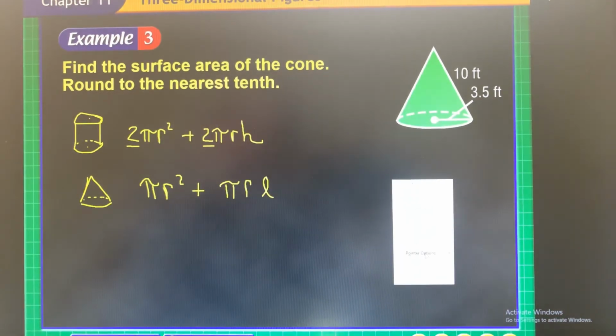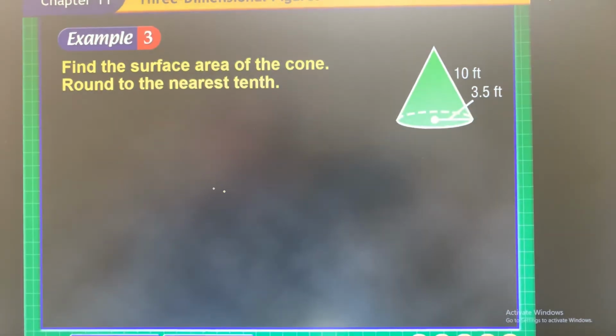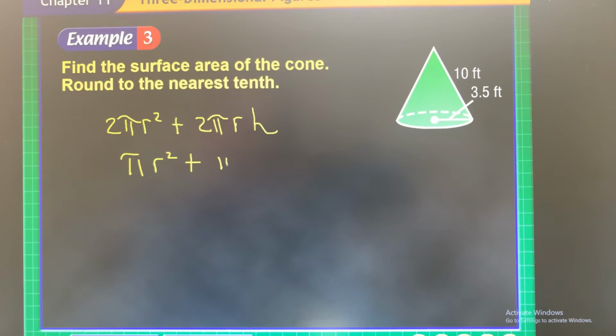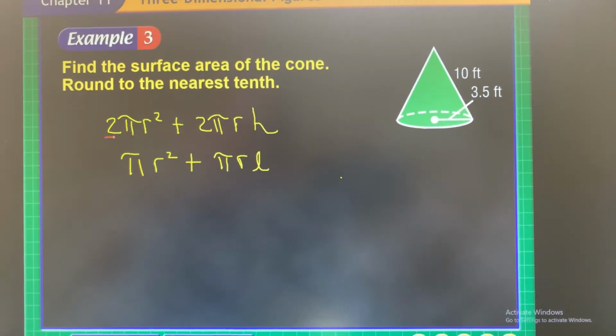If you notice, there's only really one difference. 2 pi r squared plus 2 pi r h, and then pi r squared plus pi r l. So I want you to notice that really the only difference is right here.